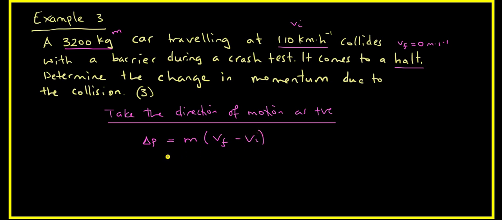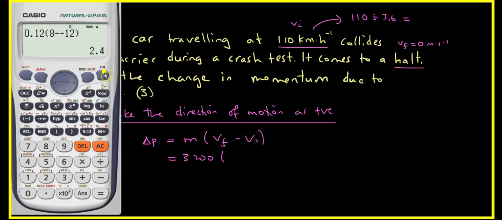Our mass is 3,200 kgs, but our initial velocity is in kilometers per hour, so we need to change this. How do you convert kilometers per hour to meters per second? You simply divide by 3.6. So we say 110 divided by 3.6, and if you do that, you will have converted to meters per second.